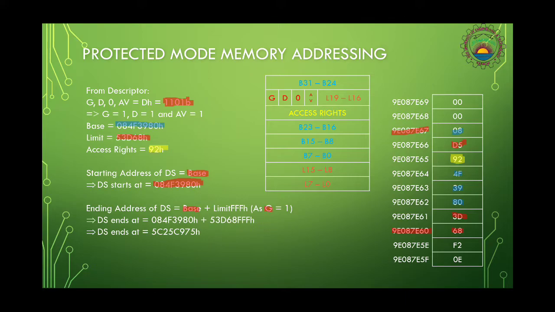As we are getting G equal to 1, the limit will be padded with FFFH on the rightmost side. So the limit value will be 53D68FFF hex. That will be added with the base value, and that will be the ending address, or final address, of the data segment in memory.